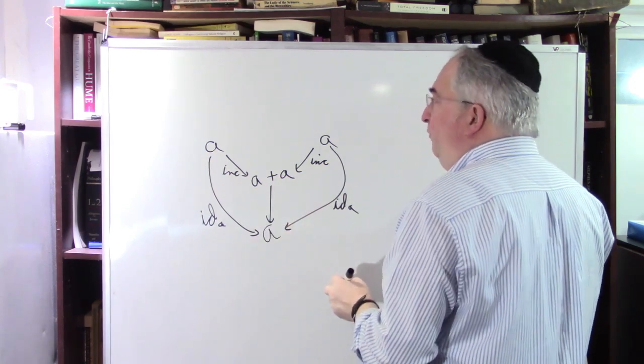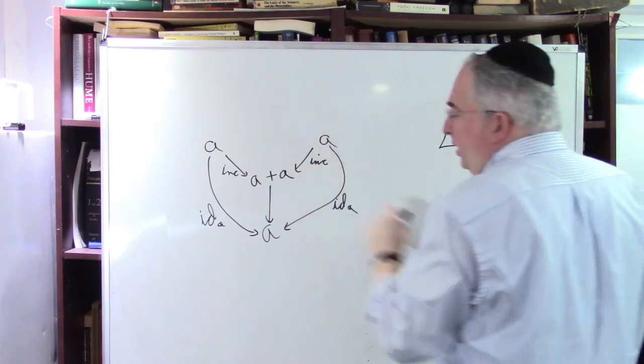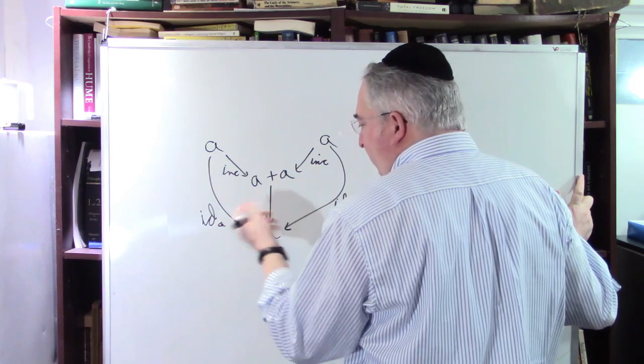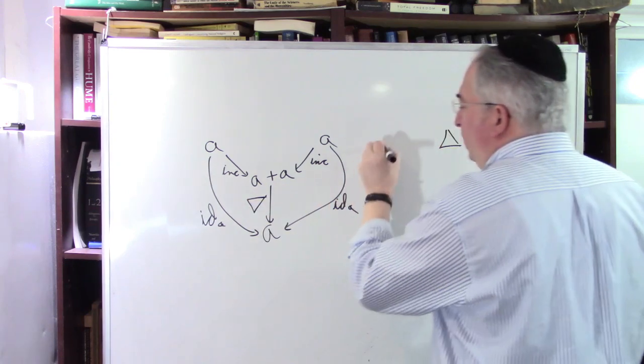Now, for the product, we call this the diagonal map. This is upside down, same identity map, but upside down, so we call this the codiagonal.